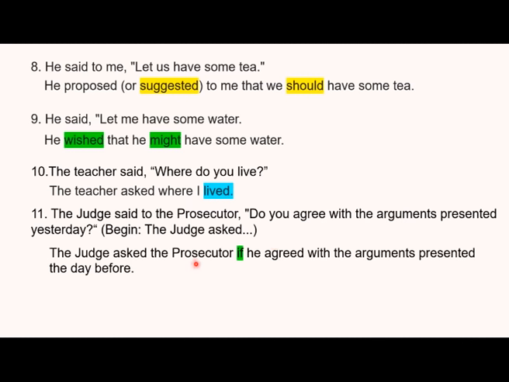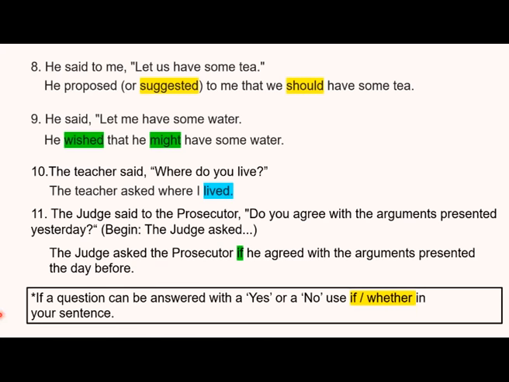So the judge asked the prosecutor if he agreed. Agree, present tense, changes into agreed, with the arguments presented. Yesterday changes into the day before. This is the rule for you to remember. If a question can be answered with a yes or no, in indirect speech, remember you need to use if or whether.